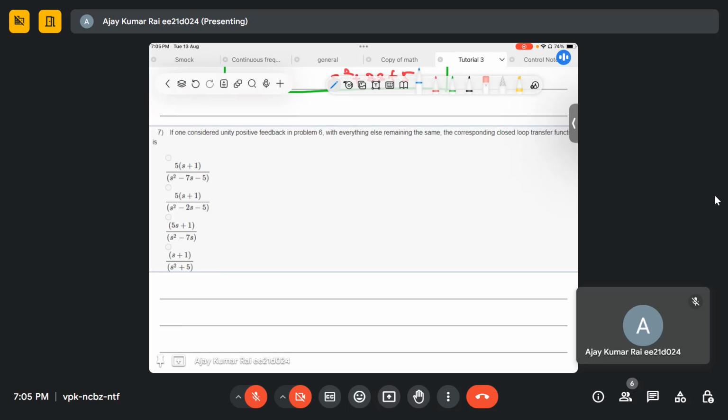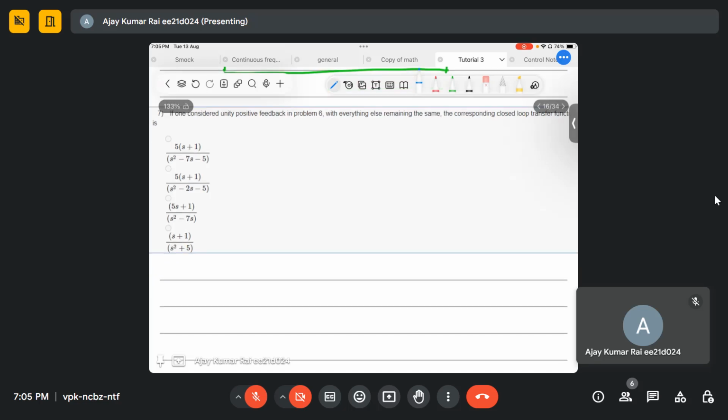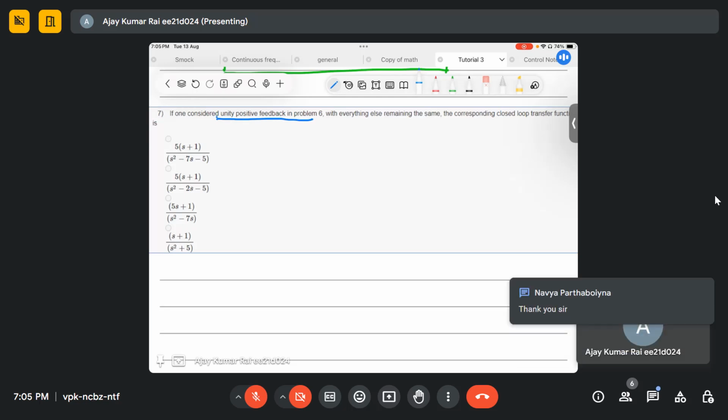If one considers unity positive feedback in problem 6 with everything else remaining the same, the corresponding closed loop transfer function is. Okay, so again, just focus on this point. Now it is positive feedback.